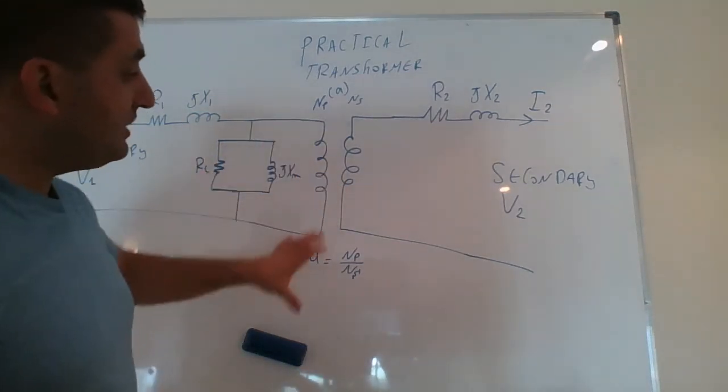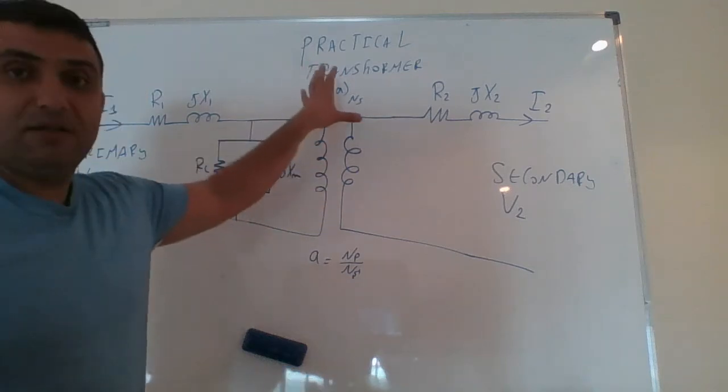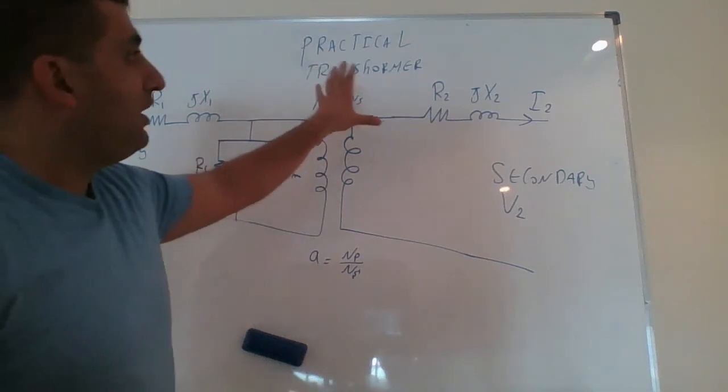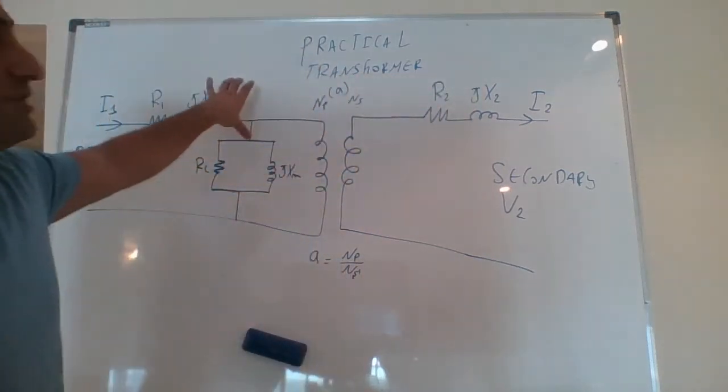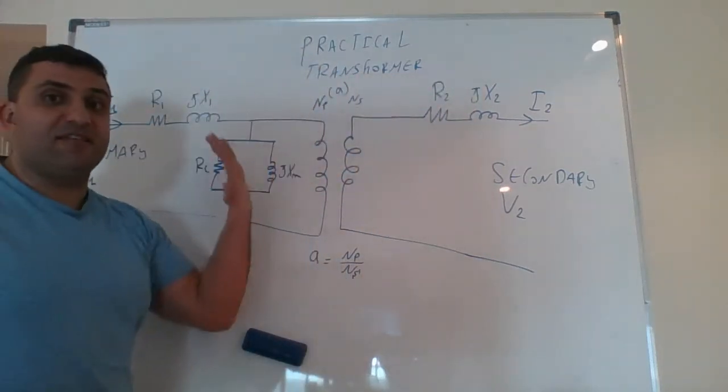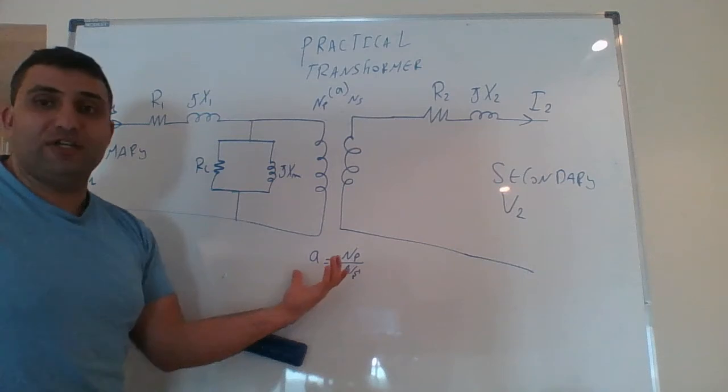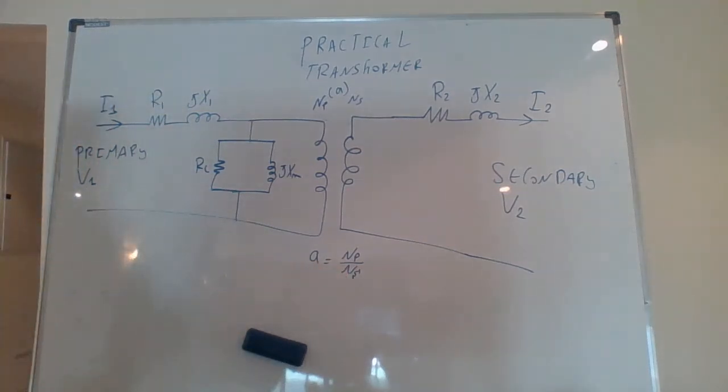If you remember what we did previously with the ideal transformer, I can take this Z to the primary side, because for this Z seen from the primary side, all I have to do is multiply it by A squared.